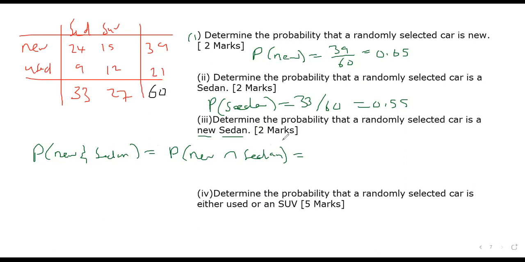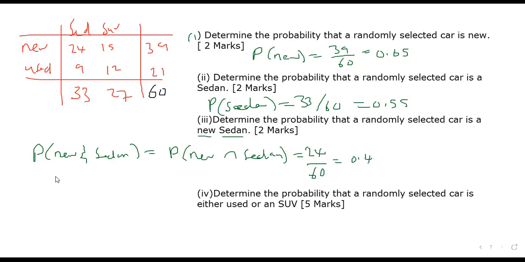New intersection sedan, quickly, what's the answer? Should be 24 over what? 60, yes. Intersection is over everything. So what do we get? 0.4.